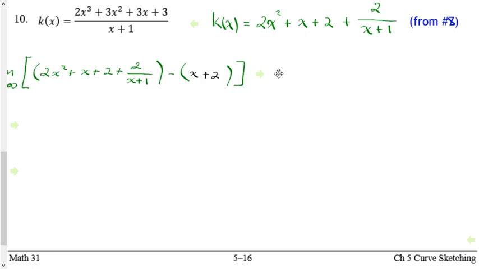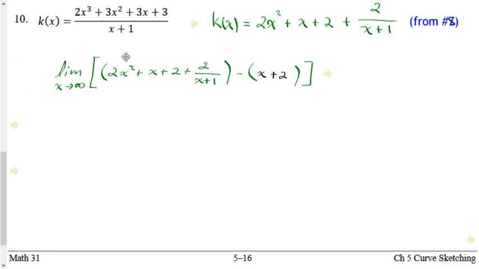Here I have my function, subtract a line. How did I decide on this line? Well, I just picked the linear part of this expression, the x plus 2. And if I subtract that out from my limit as x approaches infinity, I get 2x squared plus the rational expression.